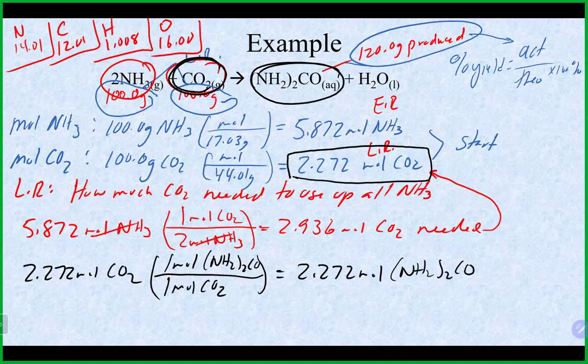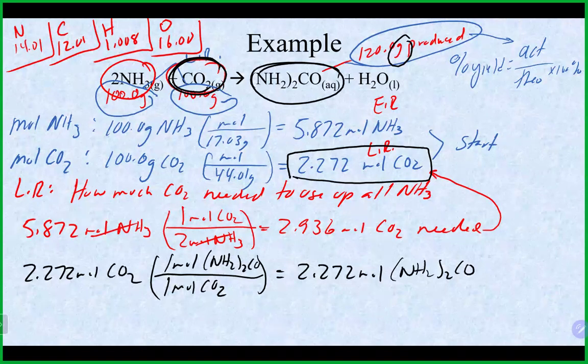But since my actual yield is in grams, I do want to convert these moles into grams. So I will need the molar mass of that product. That is 2 times 14.01 plus 4 times 1.008 plus 12.01 and a 16. That's a 60.06.